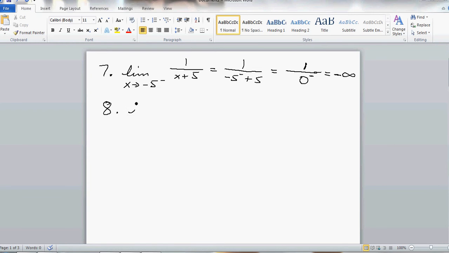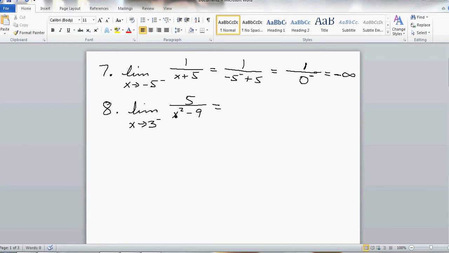Number 8, the limit as x approaches 3 from the left of 5 over x squared minus 9. Whenever we throw in powers, we have to deal with that just a little bit differently than we might otherwise consider.